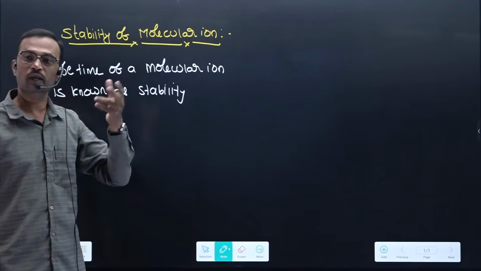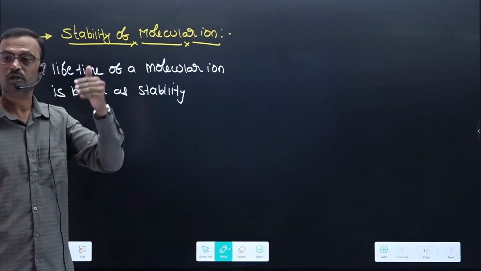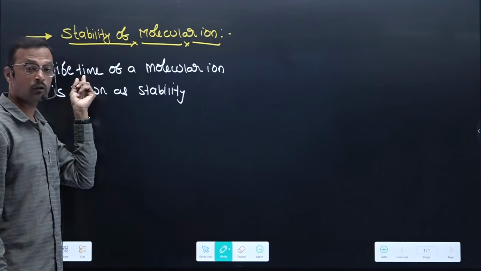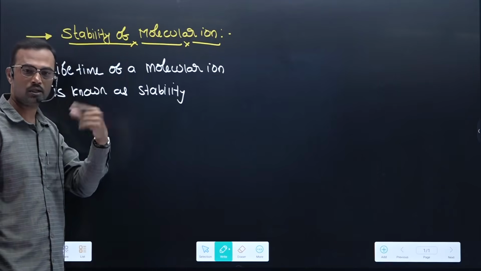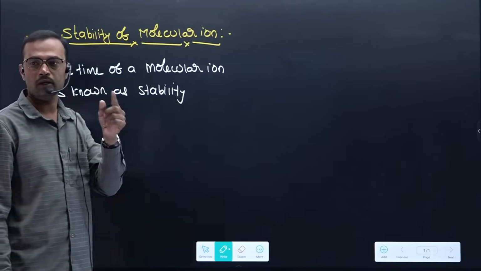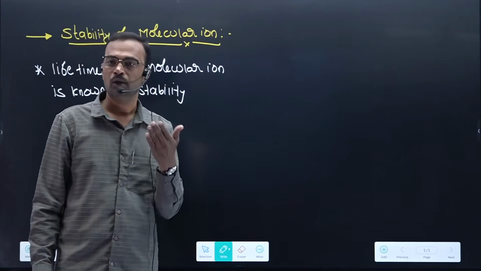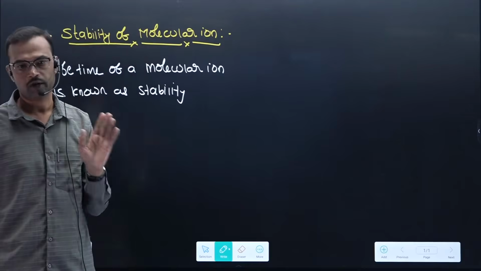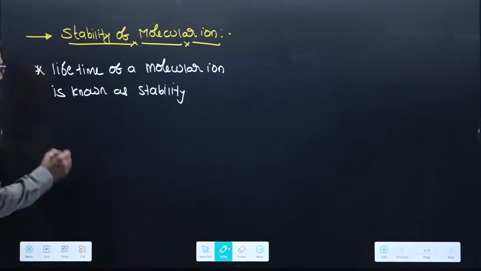If the lifetime is very high, fragmentation is very poor, because the molecular ion is stable. If the lifetime is very low, the molecular ion is unstable and undergoes rapid fragmentation. More stable means poor fragmentation; unstable means more effective fragmentation. So the lifetime of a molecular ion is known as stability.